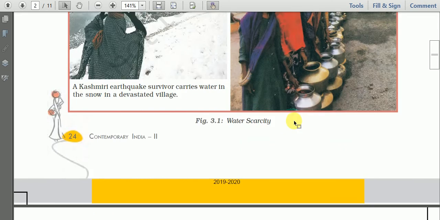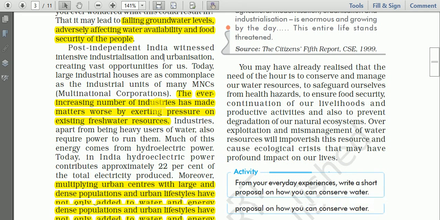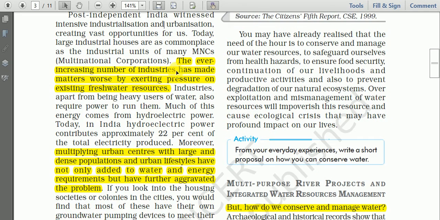Try to remember. After this, increase in the number of industries can be added as another point. Industries require water for cooling the machines and for running the machines. That is also another point you can add.